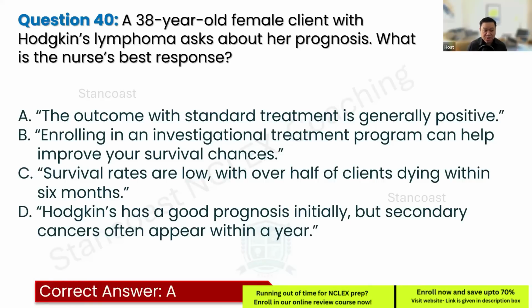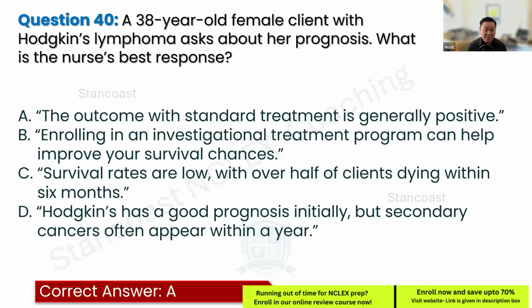Hodgkin's lymphoma generally responds well to chemotherapy and radiation with high survival rates, especially when treated with standard therapies. If you select the letter B, this is incorrect because standard treatment is typically effective and investigational therapies are not recommended initially. Letter C is also incorrect because Hodgkin's lymphoma often has a favorable prognosis with appropriate treatment.